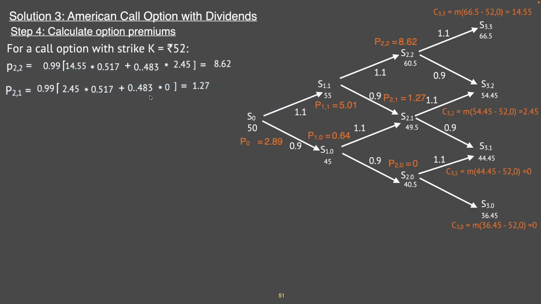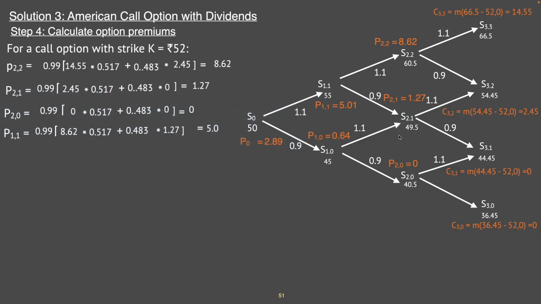Now P21 similarly: 0.99 into 2.45 into 0.517 plus 0.483 into the value of C31, which is 0, which gives 1.27. And similarly P20 is equal to 0.